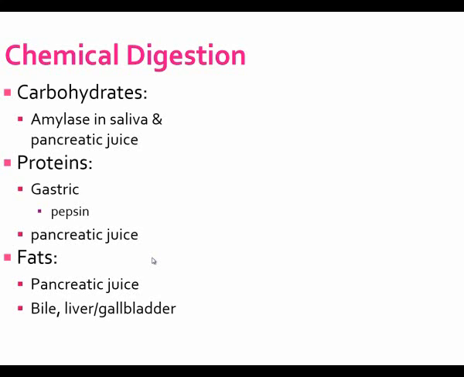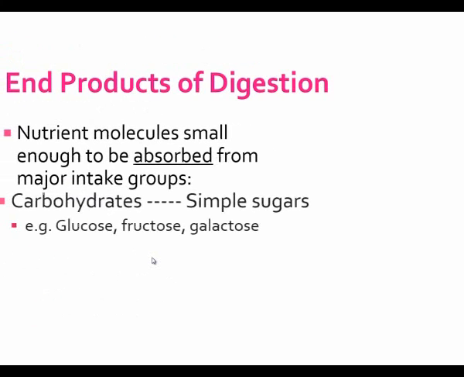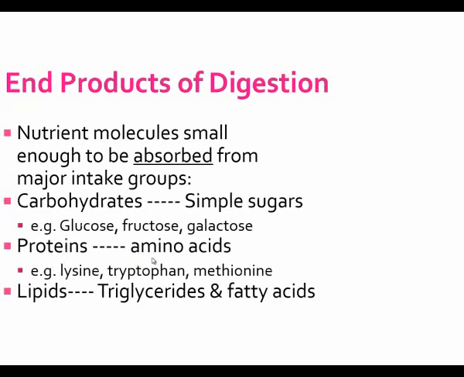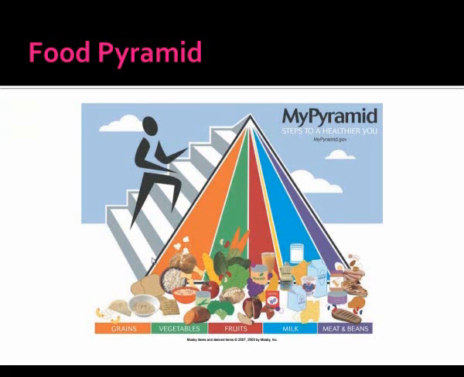Fats, pancreatic enzymes, and then bile. But remember, bile doesn't break it down to its simplest form, but instead breaks it down to a little bit more manageable so the enzymes can work on it. Remember, emulsification. So the end products then, again, if we go from carbohydrates to simple sugars, proteins to amino acids, lipids to triglycerides or fatty acids.